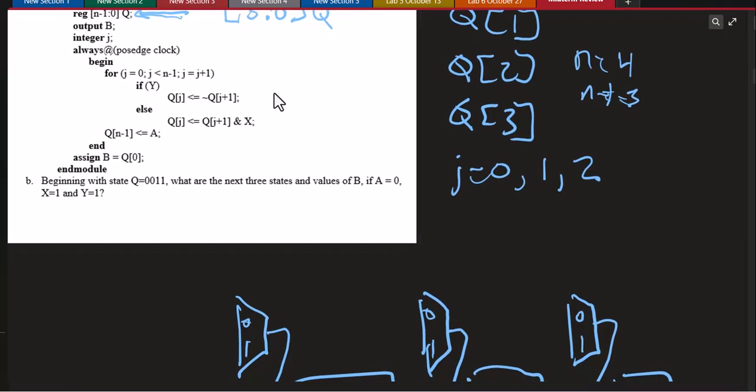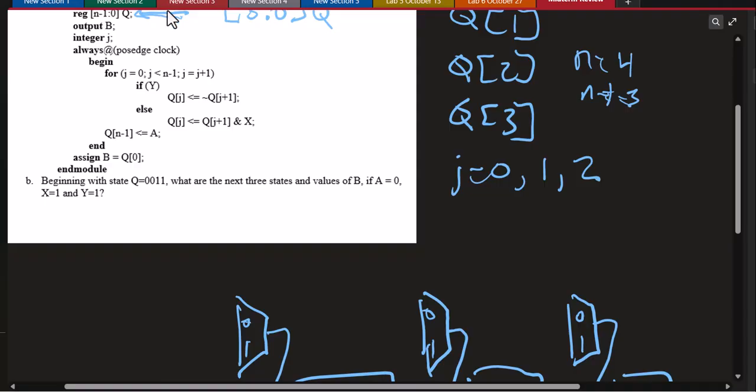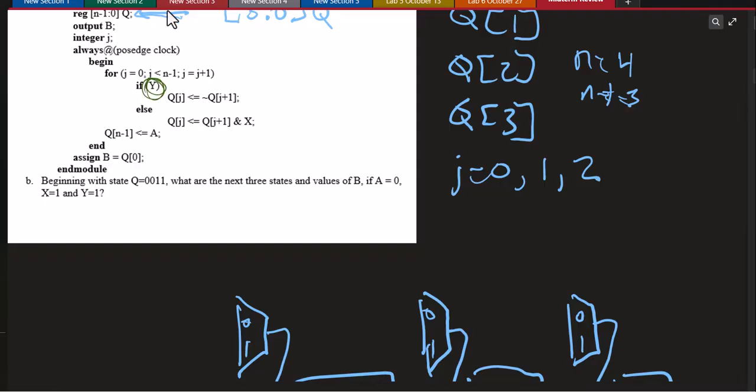So this thing that's inside the if, that's going to be what goes into the top or the bottom of the multiplexer. That's the thing that makes the decision. And so y goes into the multiplexers.